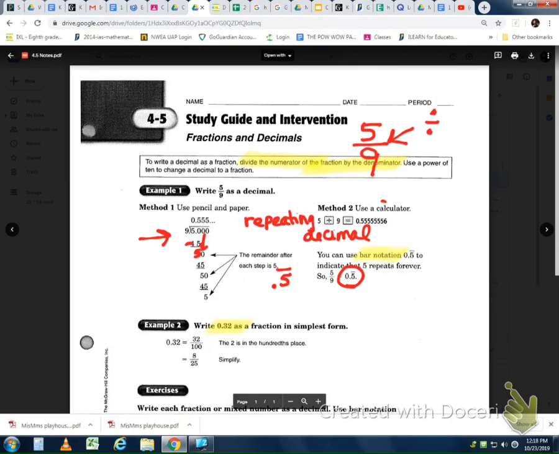What place value does that represent? Hundredths. 32 hundredths, because it's 2 places. So 32 hundredths would be the fractional equivalent to 0.32. And then reduce, which would be dividing both by 4. They got 8/25.